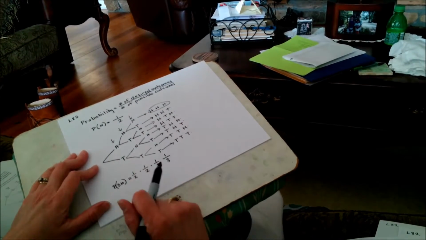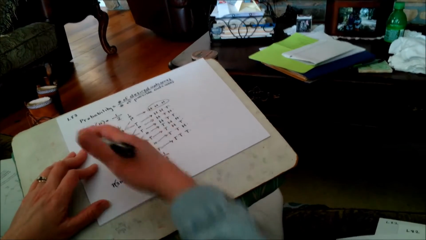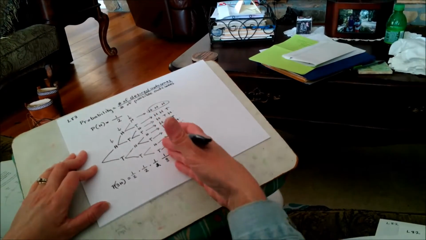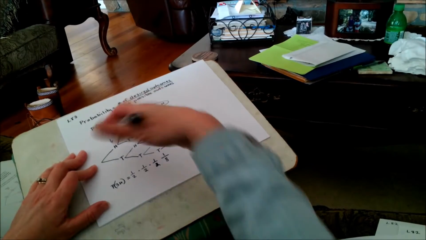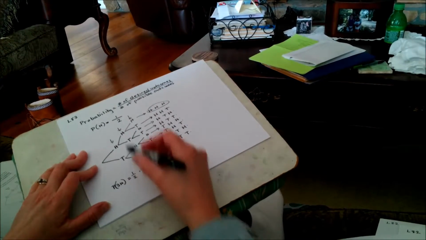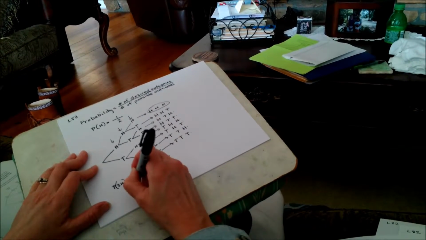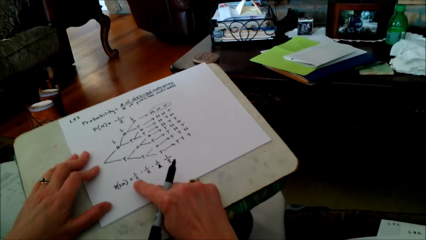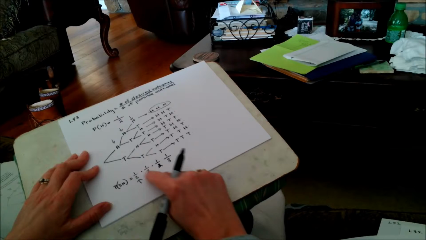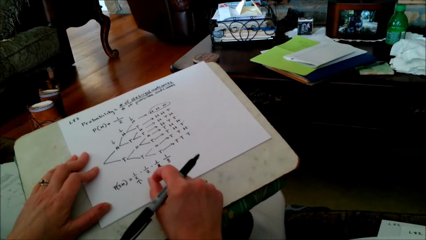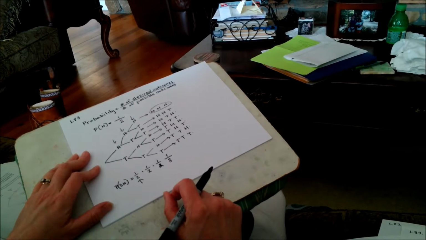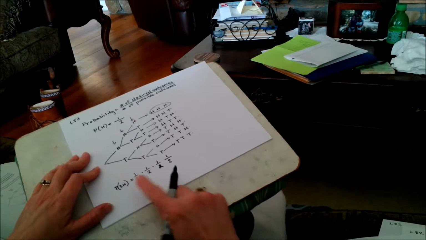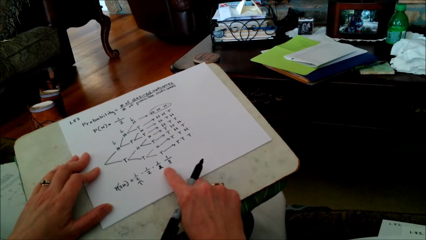Now, this is with the coin toss, and we could keep going. We could do a fourth flip, we could do a fifth flip, and for every flip the probability is the same because it doesn't matter what we got the first time. When we flip it the second time, it is independent of that first flip, so it's still 1/2. So the probabilities are all put together.